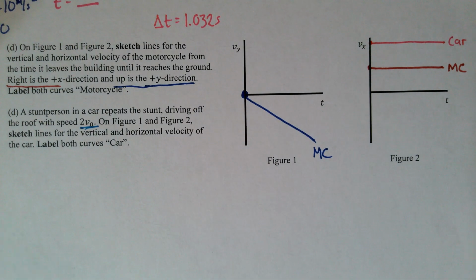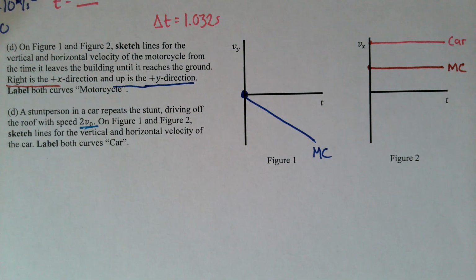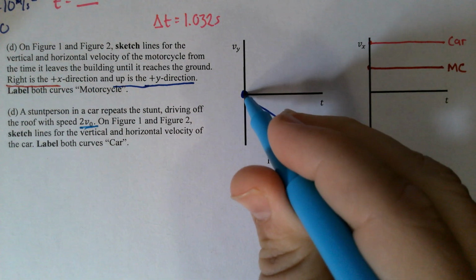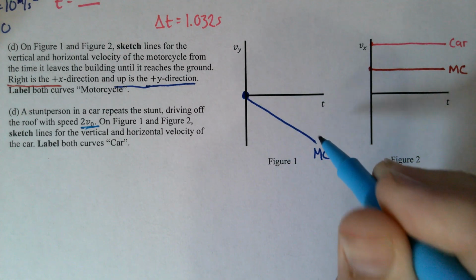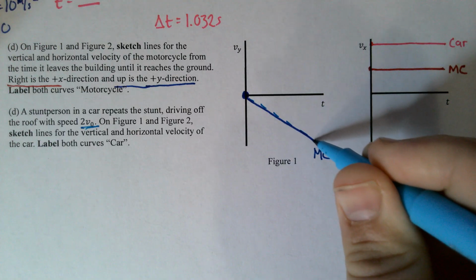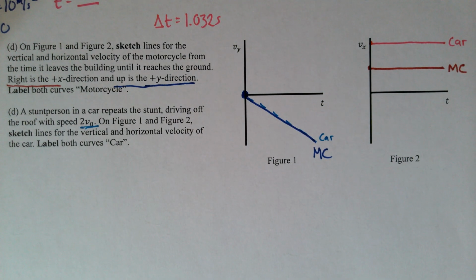So I would just draw a flat line at a higher value, twice as high as the motorcycle. It's just a sketch. The vertical velocity, though, is going to do the exact same thing. It starts off with a vertical velocity of 0. The acceleration is still g, so the line would have the same slope. And so the car and the motorcycle would have the exact same graphs in the vertical direction.